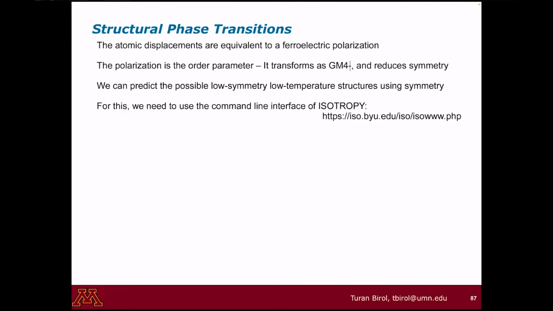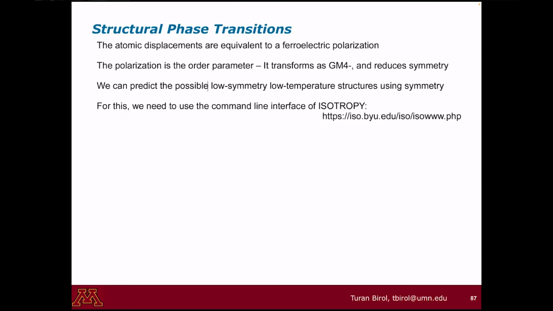If you have taken statistical physics, you might remember this idea of an order parameter that defines the properties of a phase transition. Like in a magnetic transition, it would be a magnetization, for example. Here, it is the polarization, or equivalently, this Gamma 4 minus mode.